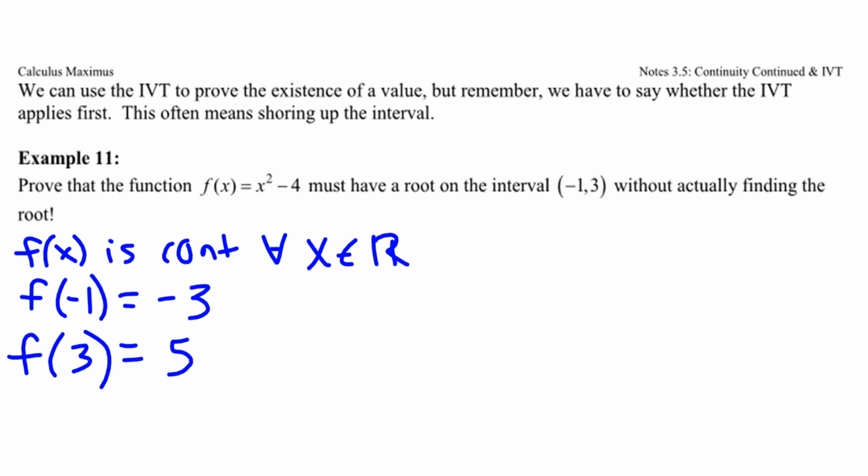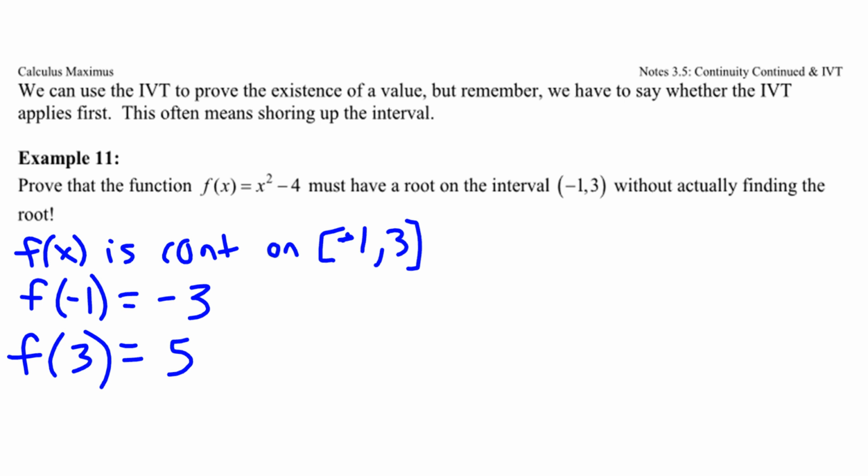Now, since f of x is continuous on the closed interval, specifically what we need: f is continuous on -1 to 3, that closed interval. F of -1 equals -3. F of 3 equals 5.